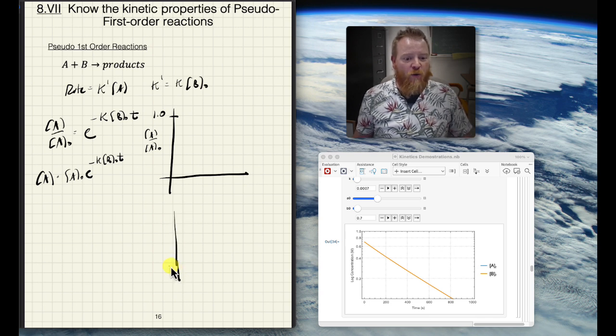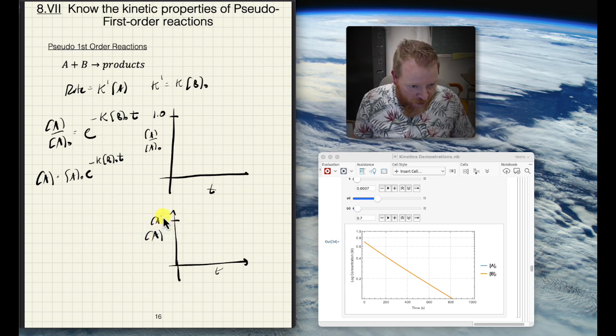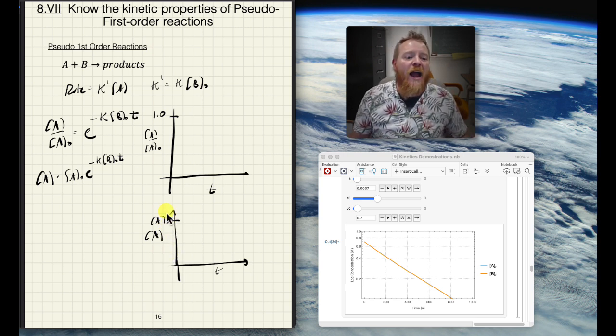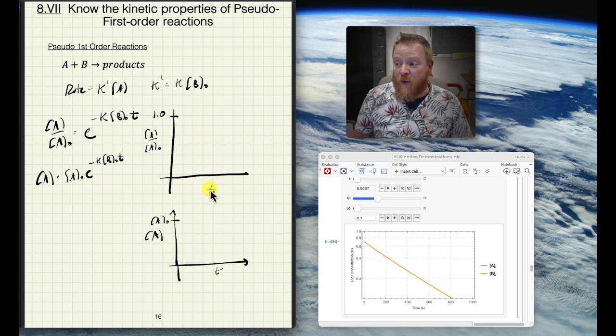If I make a graph of this, then the y-axis would just be concentration, and that very first data point at t equals 0 is the A initial concentration. Either way, if we were to monitor the progress of this reaction, we can't just put time on the bottom.